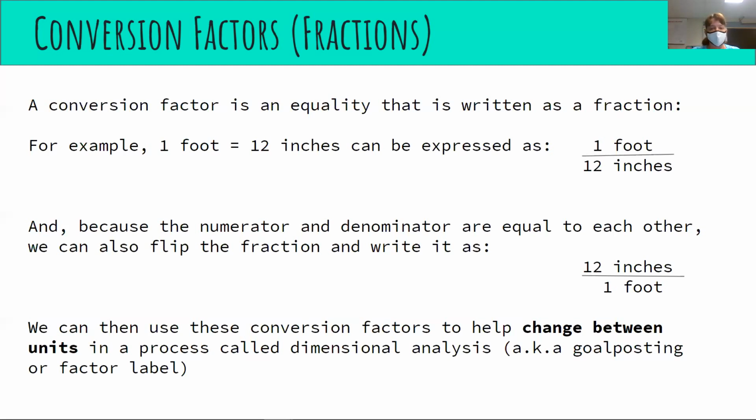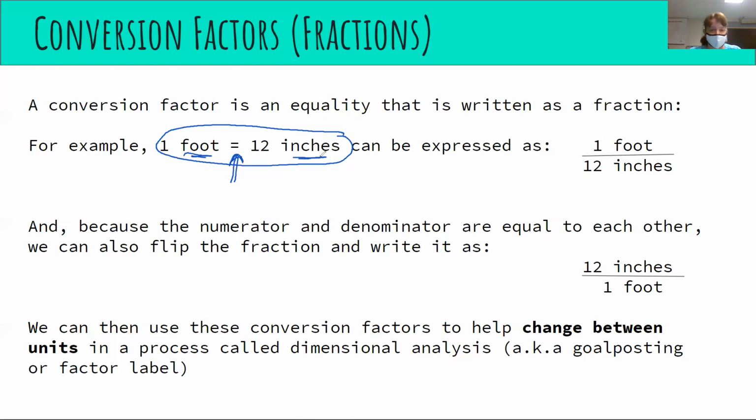So you actually were working with an equality. You just didn't think of it that way. Okay, so we know that 1 foot equals 12 inches. Notice there's an equal sign in between those. You must know some kind of equality, some kind of a relationship that relates to units to be able to convert between them.